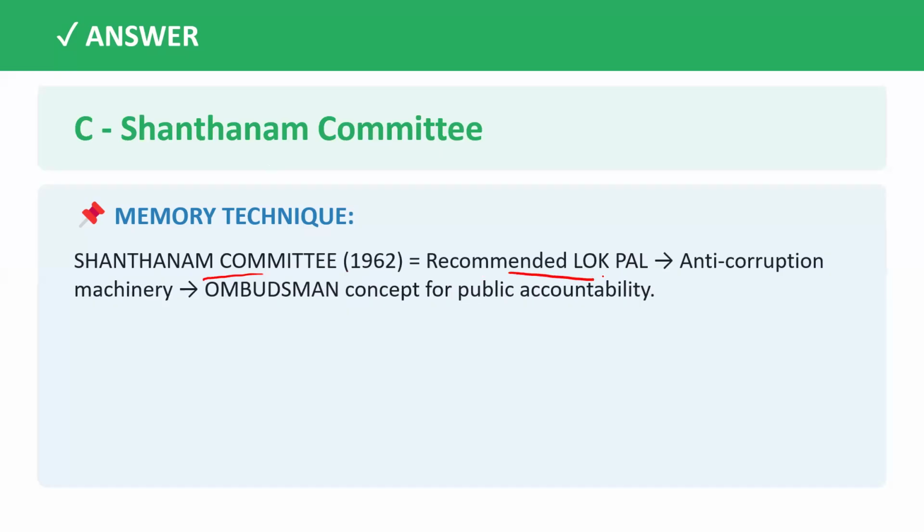Lokpal acts as anti-corruption machinery. Basically an ombudsman concept for public accountability. To remember Santhanam, it basically means peace, or is related to peace.